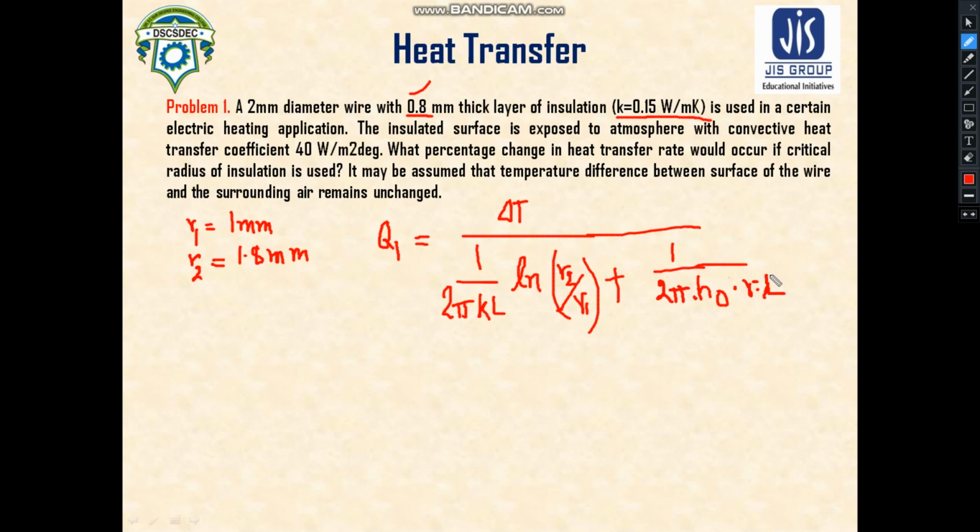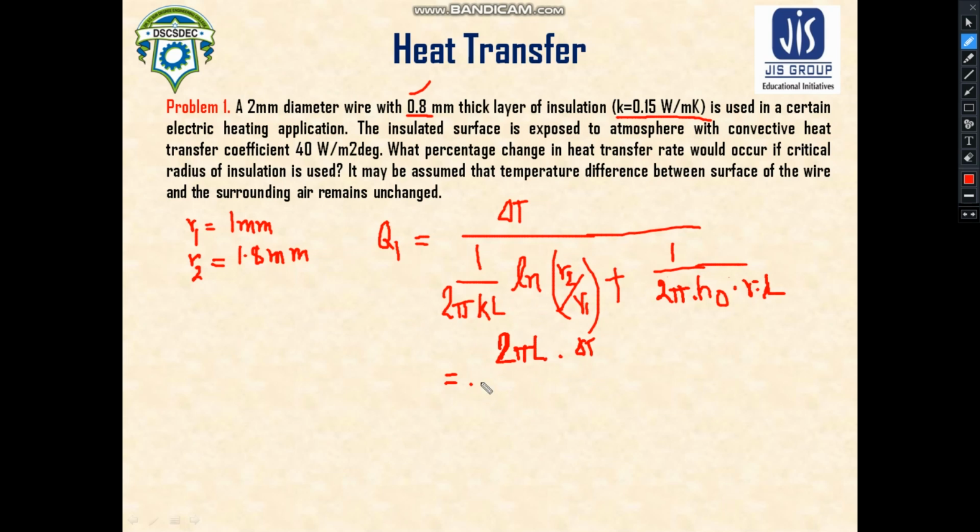Okay, now you can write this as 2 pi L into delta T. I'm just doing the LCM and relevant mathematical calculations.